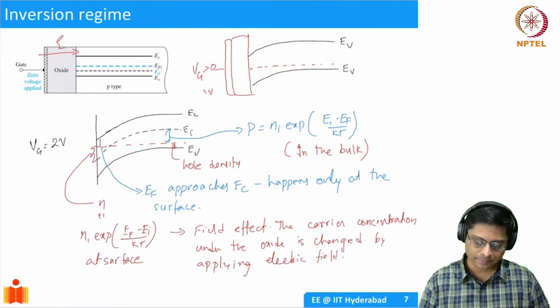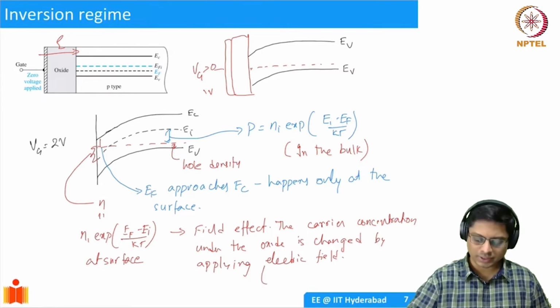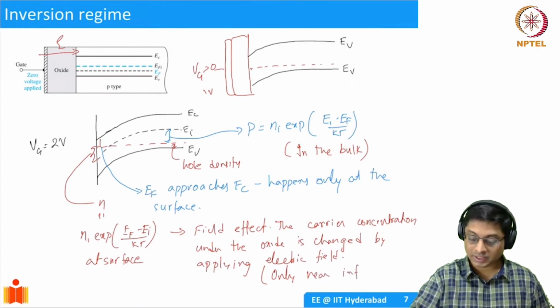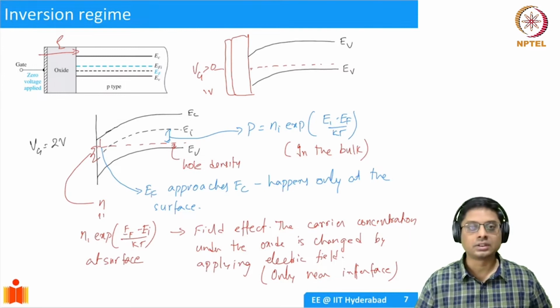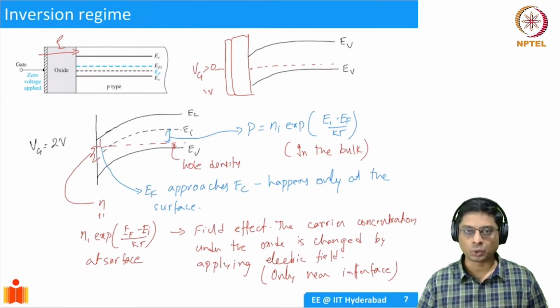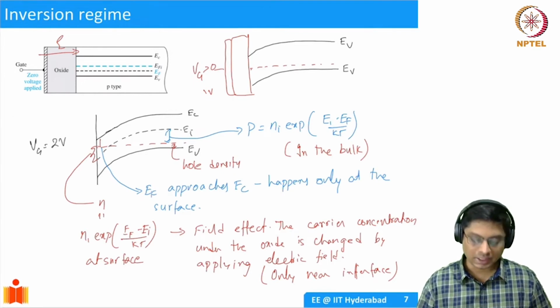It is only a surface phenomenon, only near the interface. In the bulk, it is still the same P-type substrate, so it has holes. But only at the surface do you have electrons.